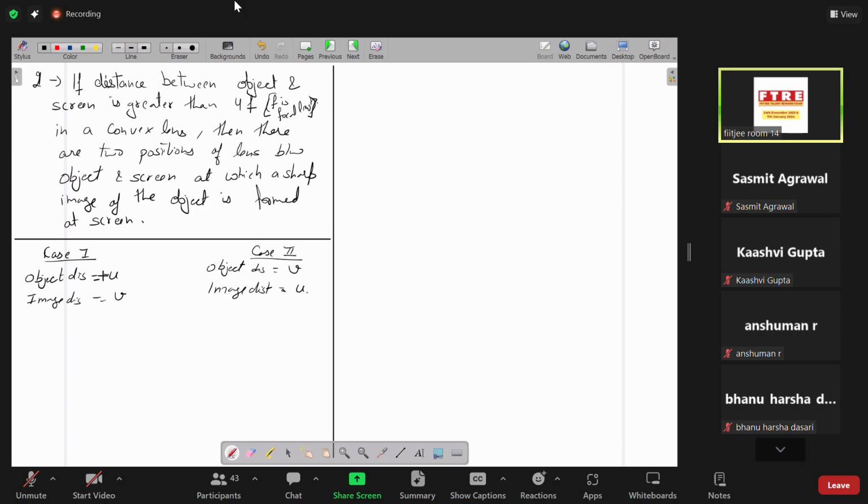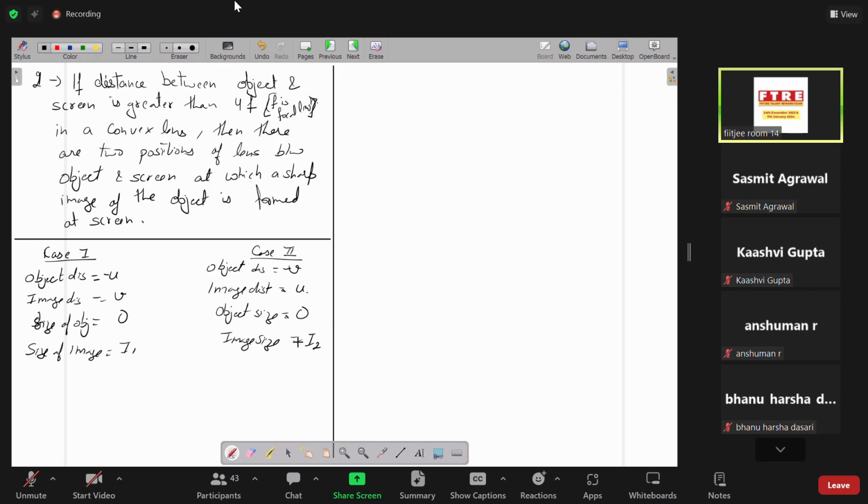If object distance is negative, image distance will be positive. In this case, the size of the object won't change. The size of the object is say O, and the size of the image is I1. Here, the object size remains the same, but the image size will change, and say it is I2.